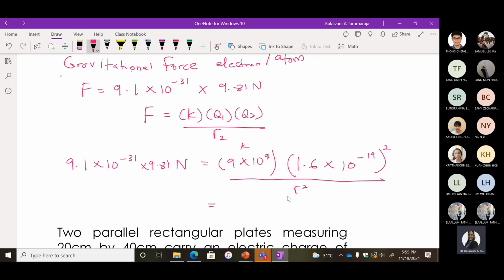Bring this R power of 2 to this side, and when I bring it to this side, I need to know it's a multiple. So it's going to stand as a multiple. You may calculate 9.1 times 10 to the power of minus 31, times 9.81 Newton, with the R power of 2.